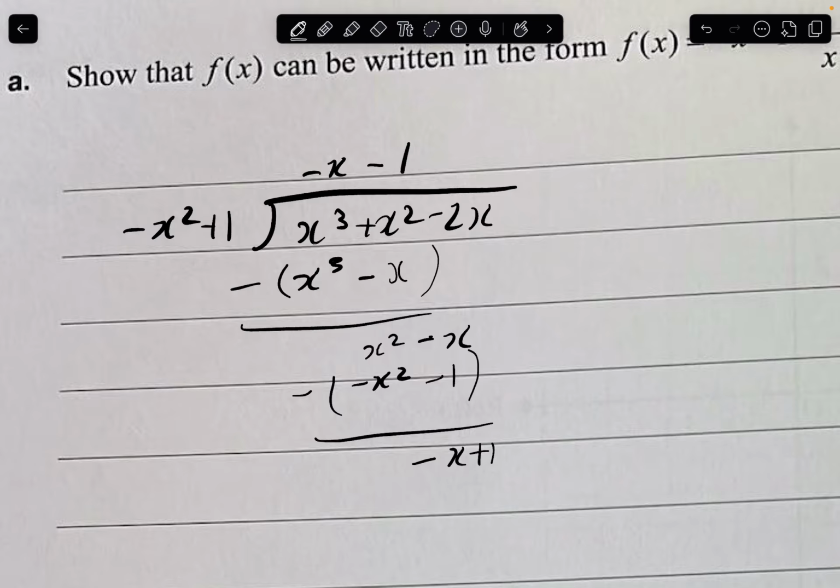And then multiply, and you get negative x squared minus 1.